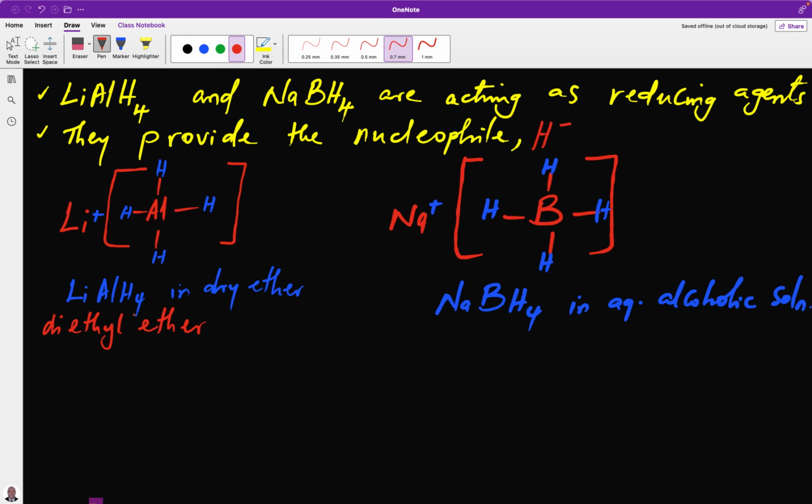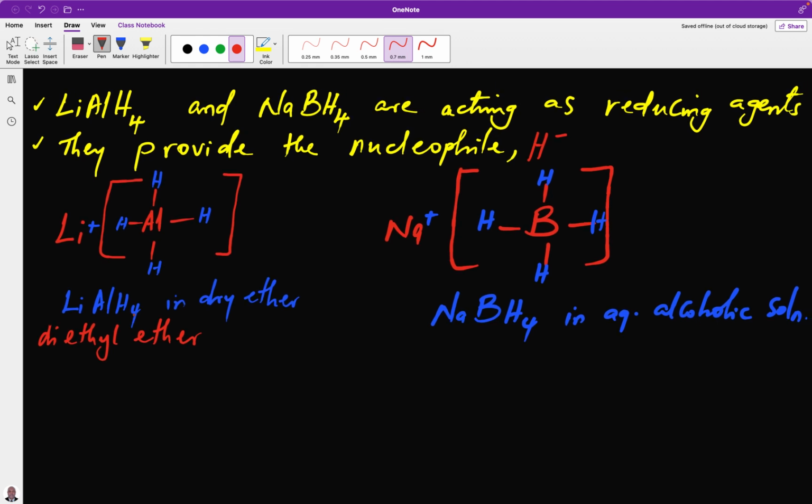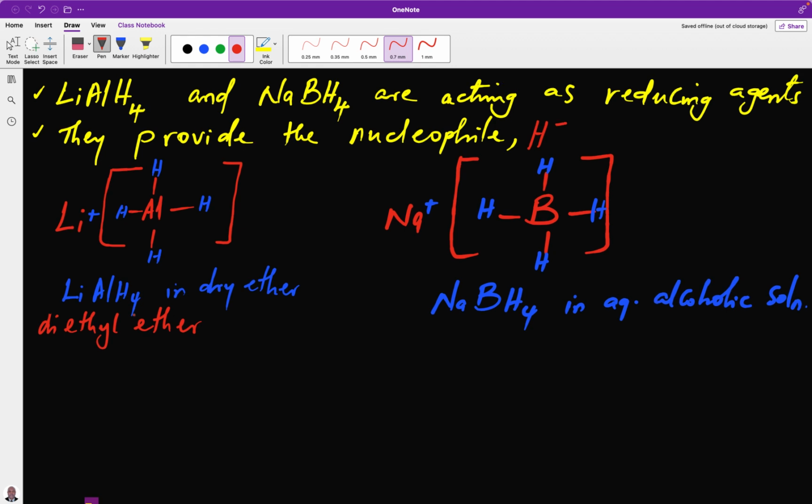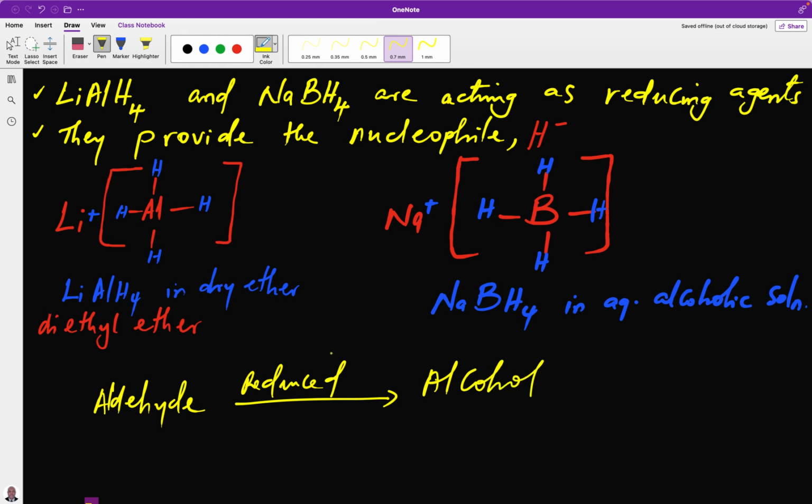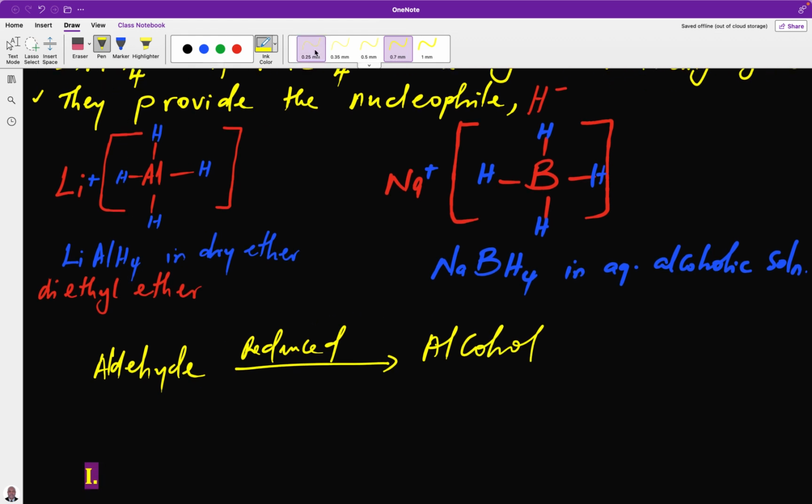Our example is the aldehyde ethanal, reduced to ethanol.